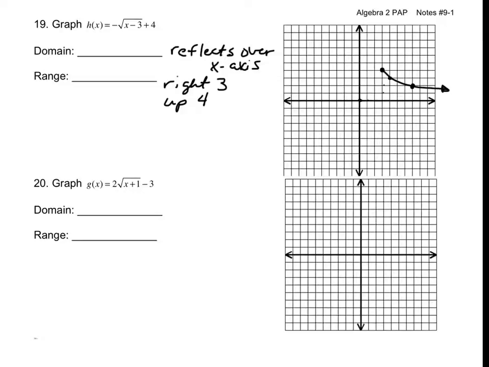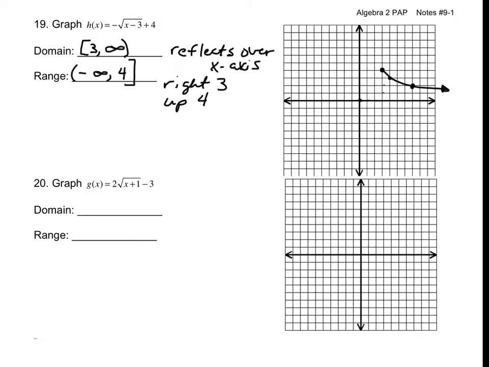Now let's look at the domain. The lowest value of x that we see is a 3. So our domain starts at 3 and goes to infinity. The range, however, since it's going down continually, the lowest number is negative infinity. And it goes up, the highest number is 4.